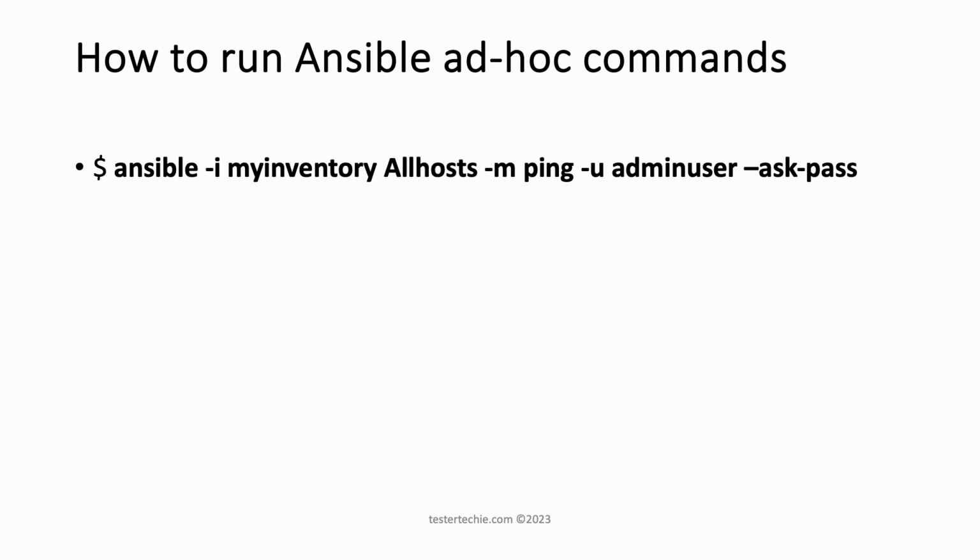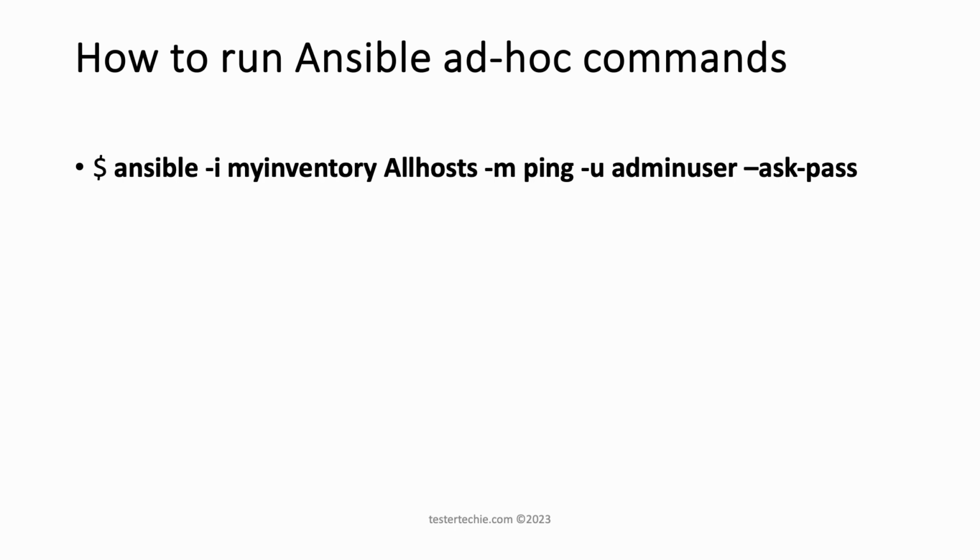Basically, when you run Ansible commands, you must have access to the destination system, the client system. Otherwise, you will not be able to run the Ansible command. There are ways, like setting up passwordless SSH, but it's not always practical to have passwordless SSH set up for all your systems. If it is there, it's well and good.